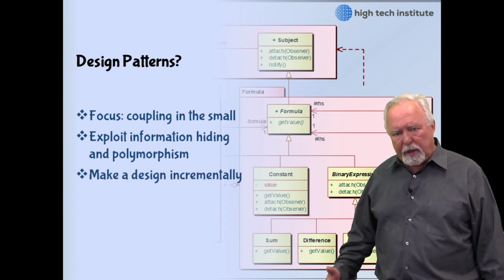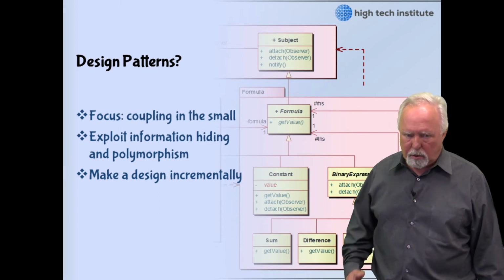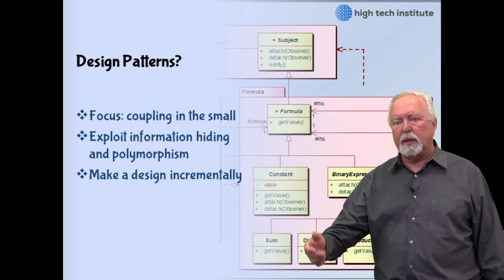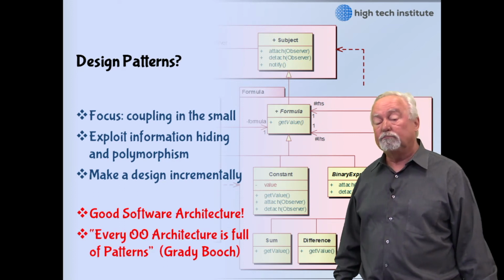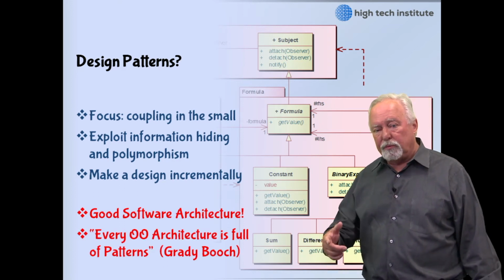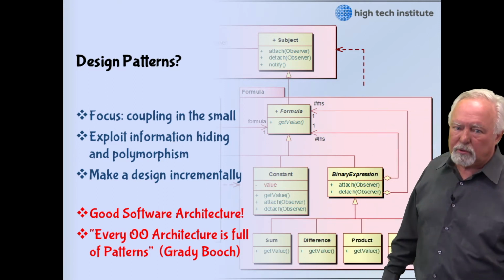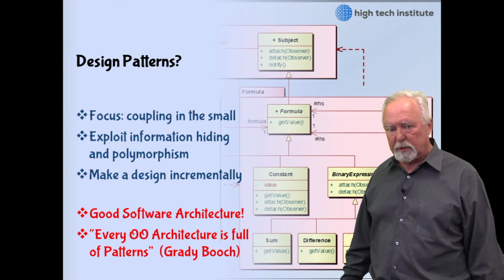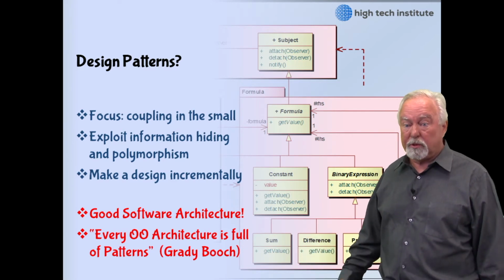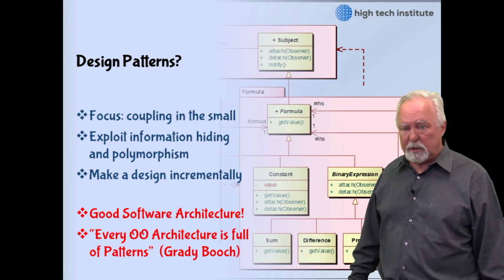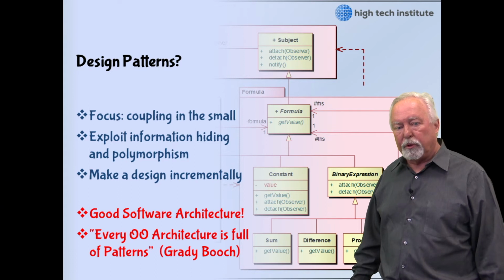Very important is that you can make a design incrementally, so you can add various patterns one at a time to arrive at an architecture. That is the reason for the quotation by Grady Booch: every object-oriented architecture is full of patterns. I try to show that with reasonably simple examples that are easy to understand and work with during the course.